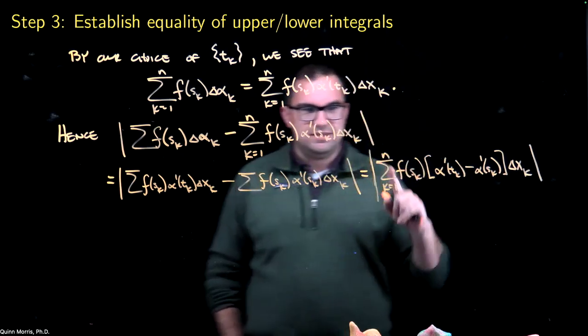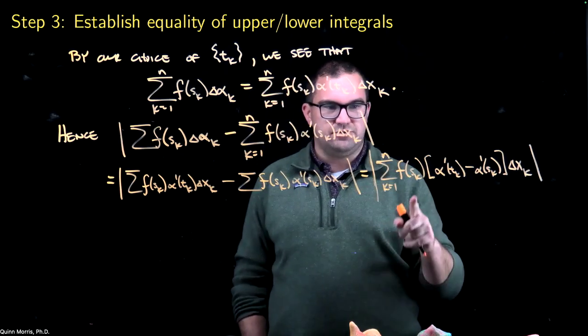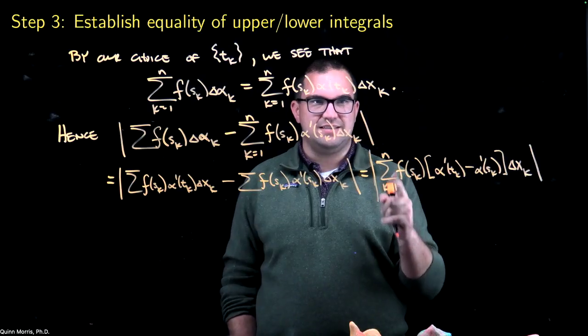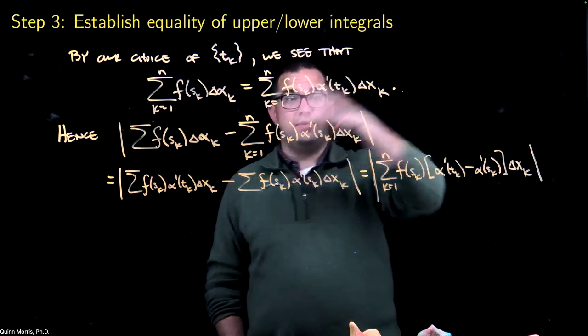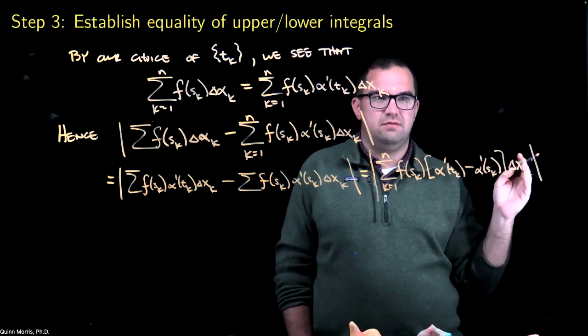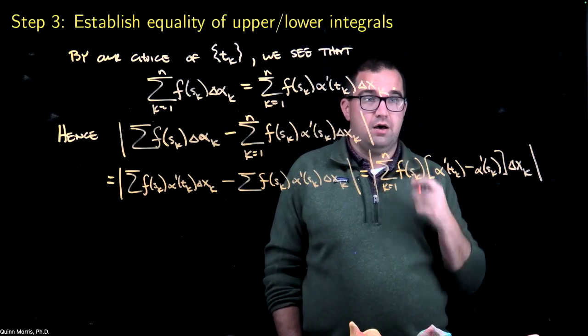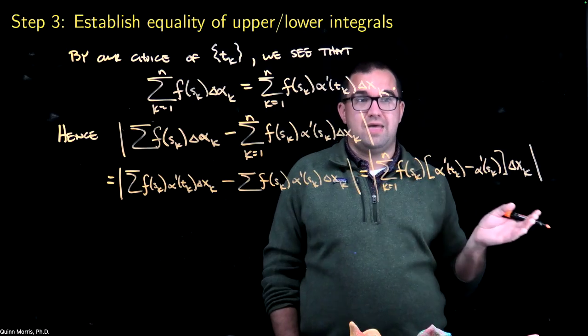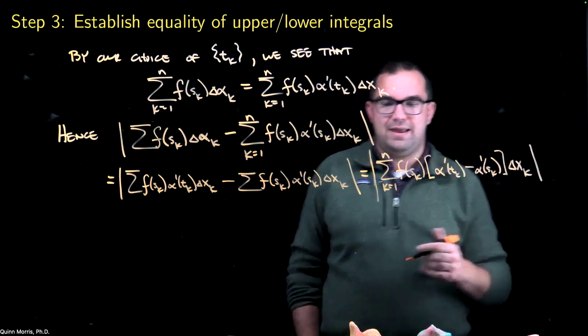Well, let's start by doing a really rough approximation first and say, what's the worst f of sk could be? Well, in the very first line of the proof, we said let's assume the absolute value of f is bounded by m.